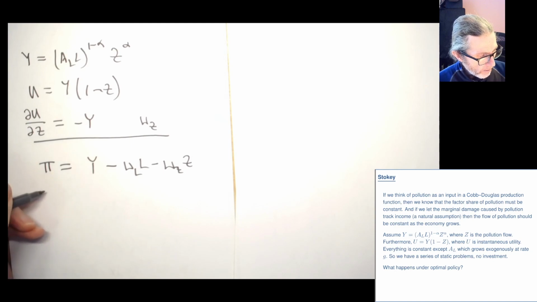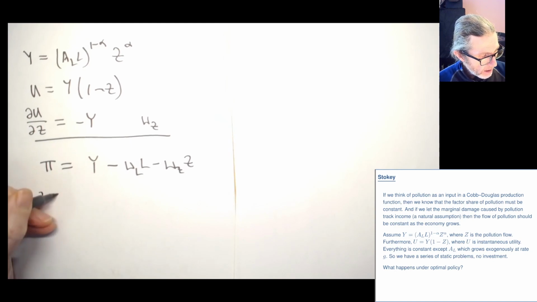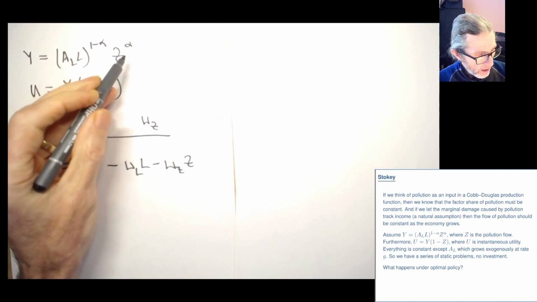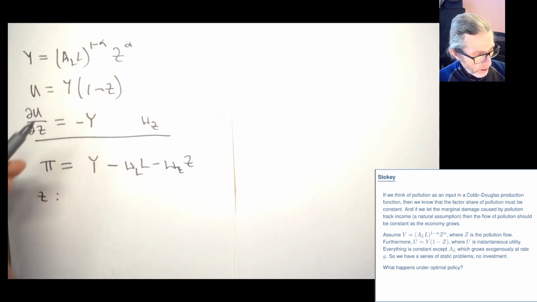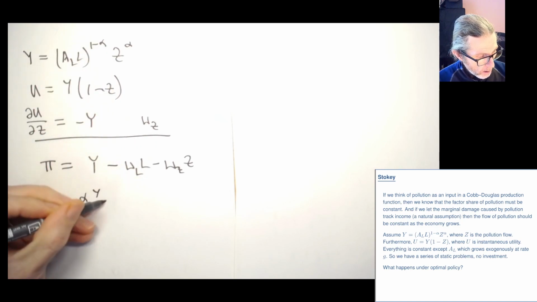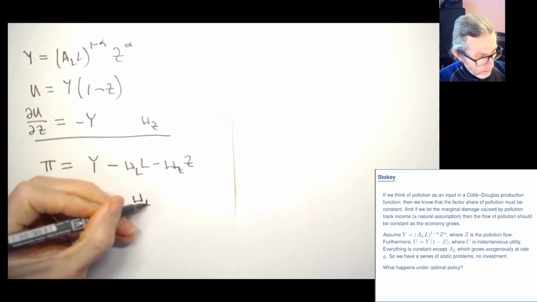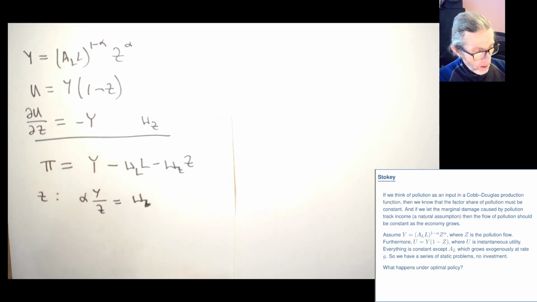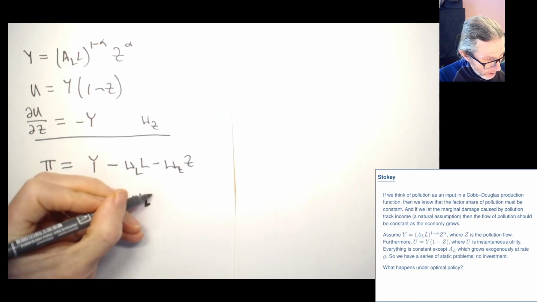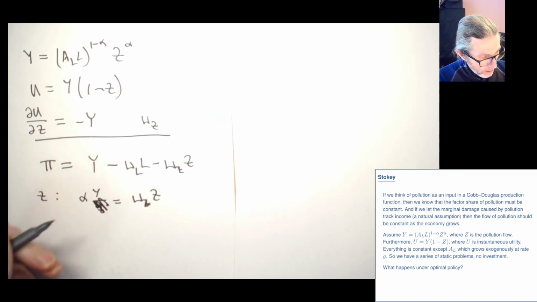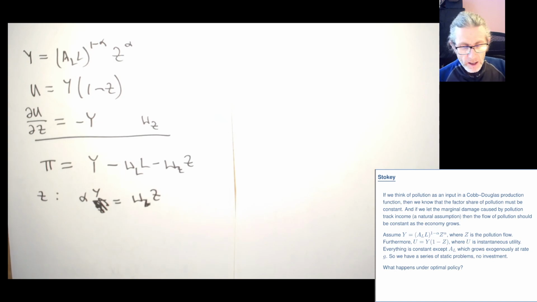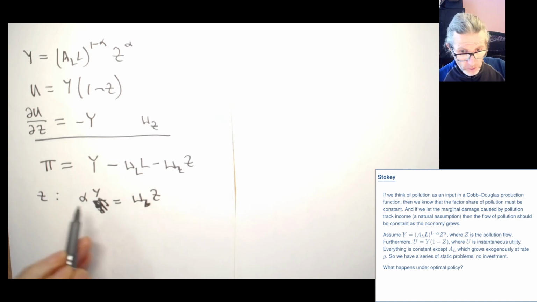So then when we take the first order condition in Z, we get dy/dz, which is alpha y over z, equals wZ. Or wZ Z is alpha Y. And this is the constant factor share.